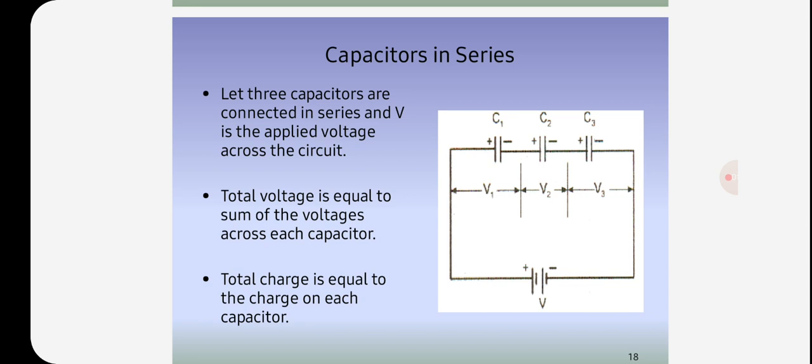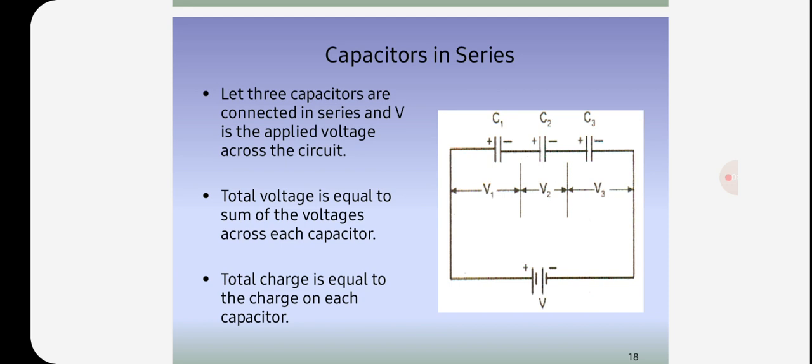In series connection, the charge on each capacitor is the same, but the potential difference across each capacitor is different. Let the potential difference across C1, C2 and C3 be V1, V2 and V3 respectively.